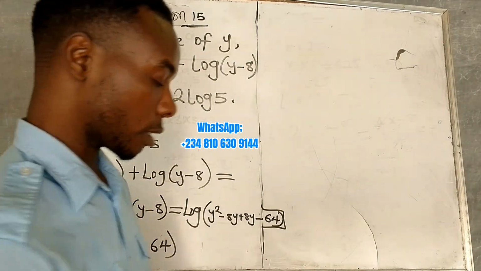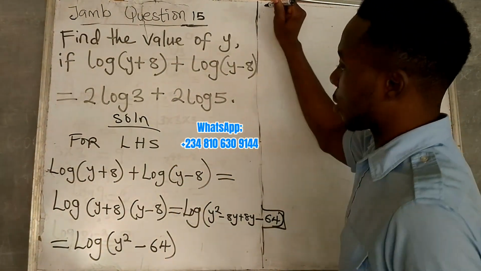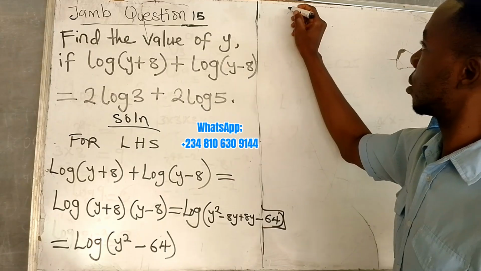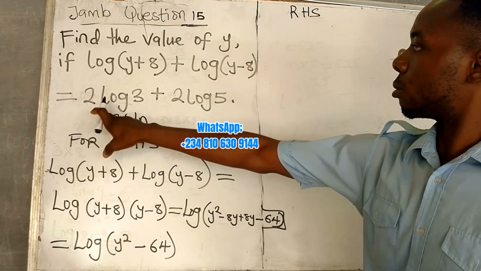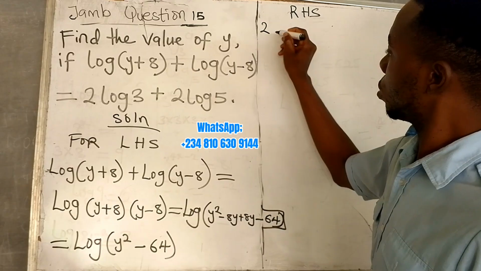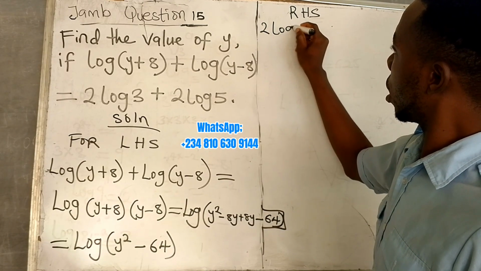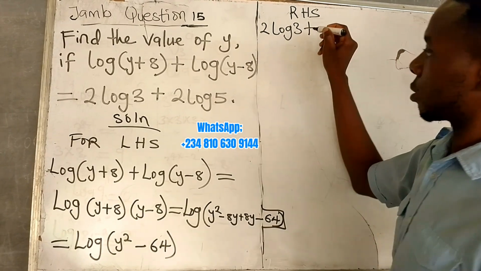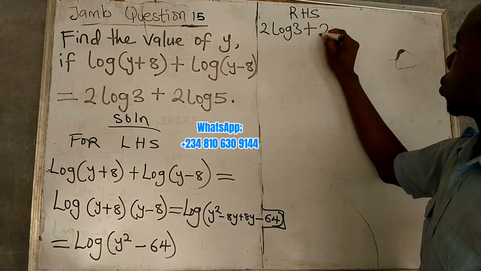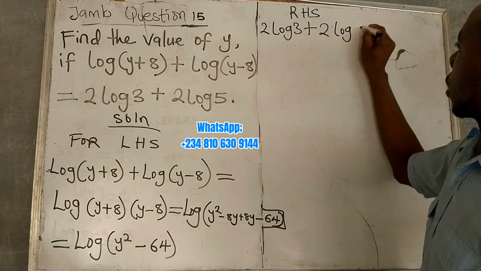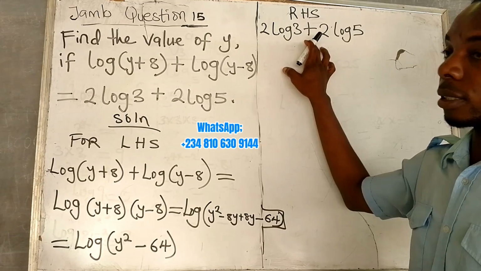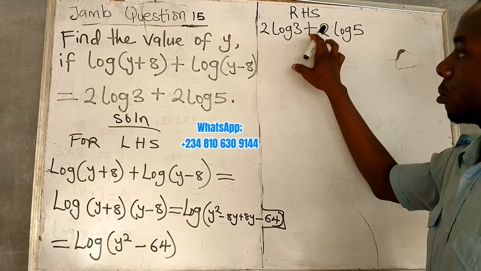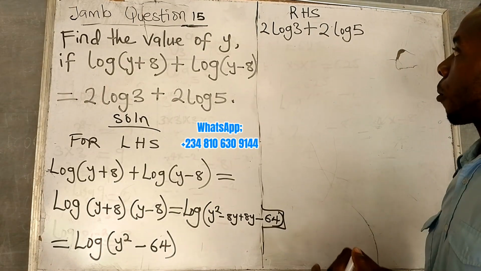Now let's move to the right-hand side. For the right-hand side, write out the question: 2 log 3 plus 2 log 5. Now, you can see that this is addition, they're adding themselves.